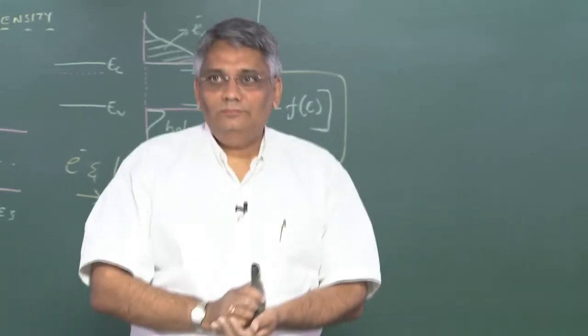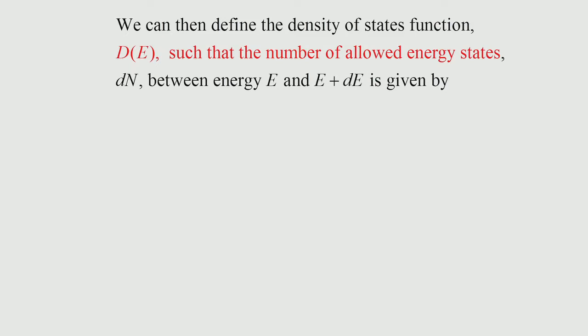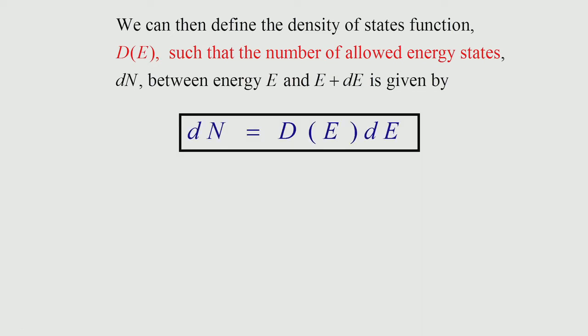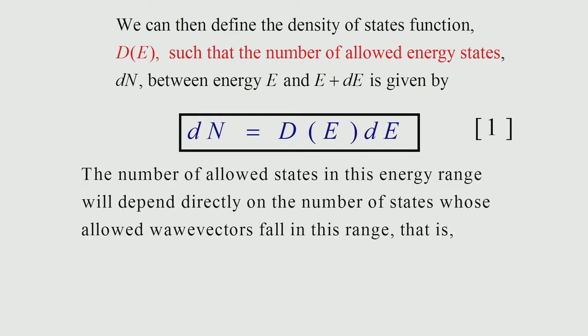Now we start with where we left off yesterday. We can define the density of states function such that the number of allowed states, you call it dN, between energies E and E plus dE is given by, right? Now I would like to also represent this in terms of k.